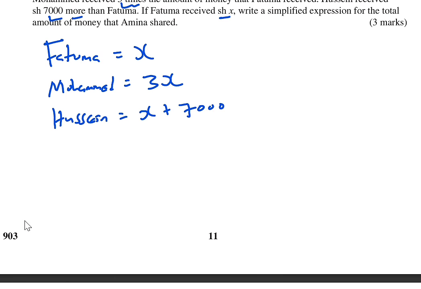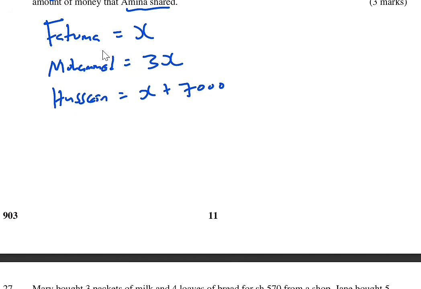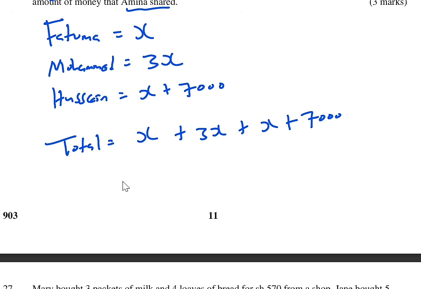What do you want? Write a simplified expression for the total amount of money that Amina shared. So for the total amount, you add. Fatuma's is X, Muhammad is 3X, and this other one is X plus 7,000. So add, collect like terms together. X plus 3X is 4X, 4X plus X is 5X. So this is 5X plus 7,000.